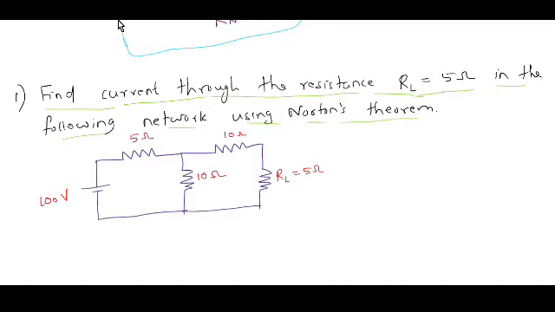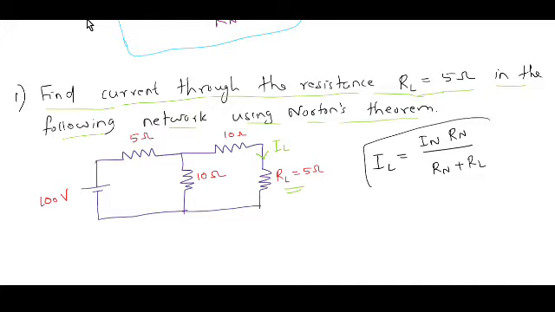We call the current IL. According to Norton's equation, IL is equal to IN RN divided by RN plus RL. Here we first have to find IN, then RN.